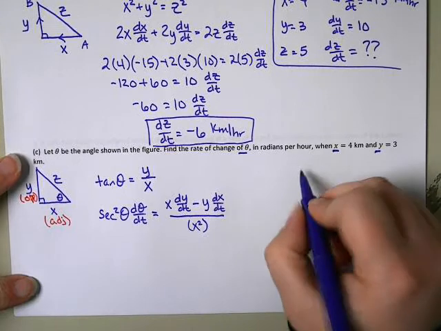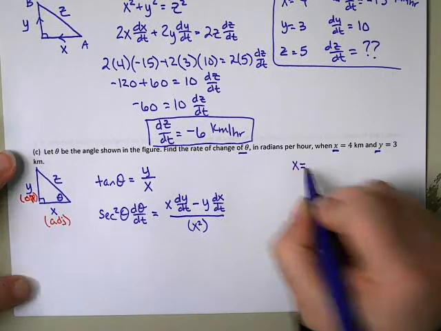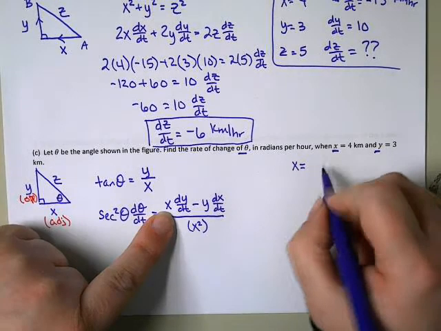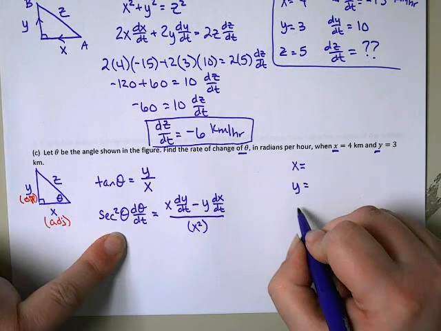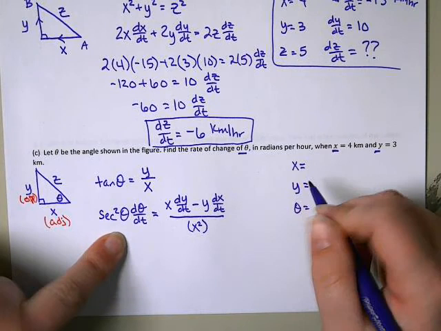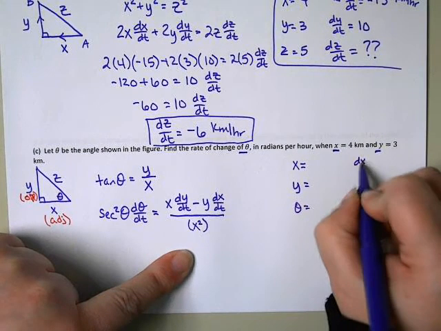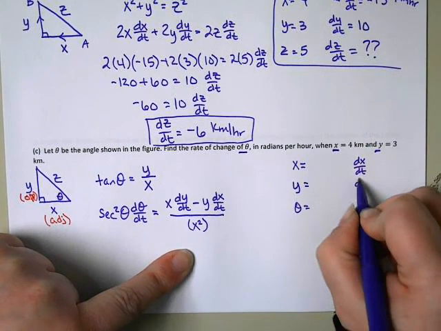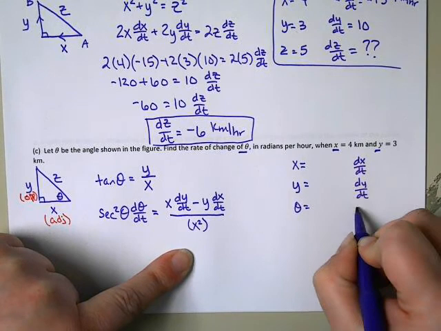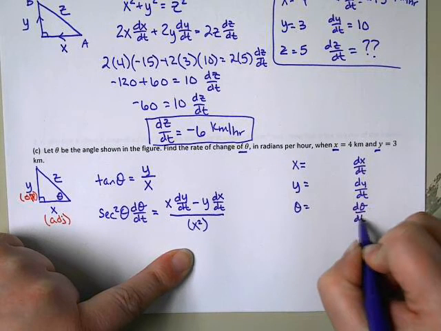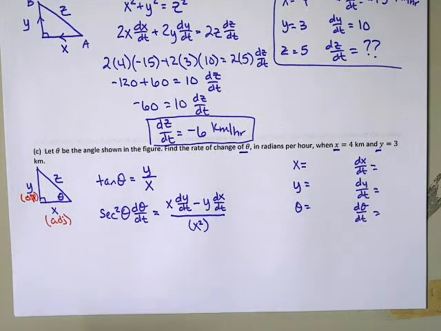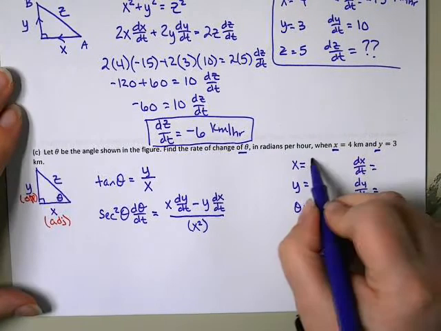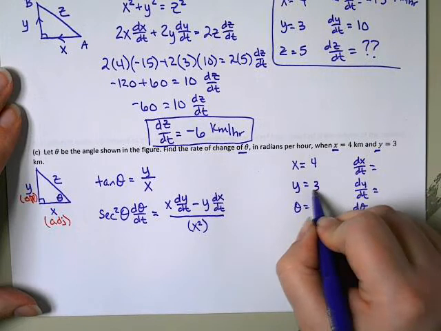Now we're going to go over to the side and we're going to write out what we need. So we need an x and y, and we also need theta, and then we're going to need dx dt, dy dt, and d theta dt. So let's think about what we know. Well, we know that x is 4 and y is 3.